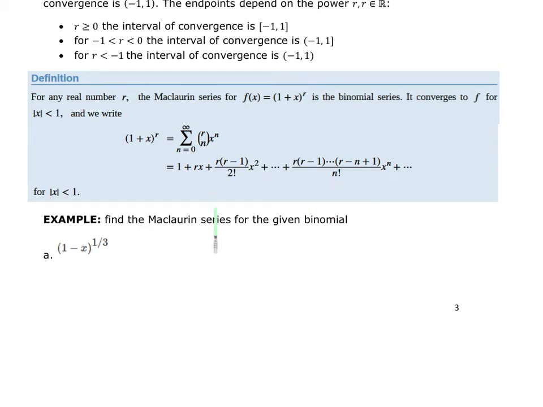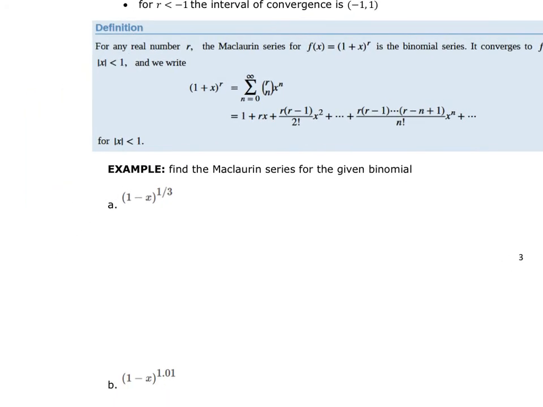So using that information, we were asked to find the Maclaurin series for this given binomial. The first thing we notice is that it's not completely in the right form. The right form should be 1 plus, and we have 1 minus. So I want to write this as 1 plus a negative x, raised to the 1/3.